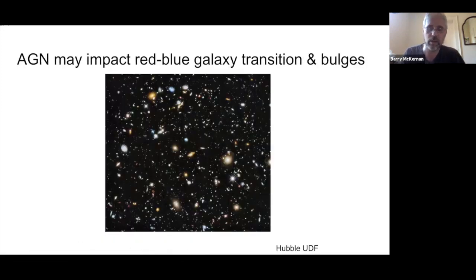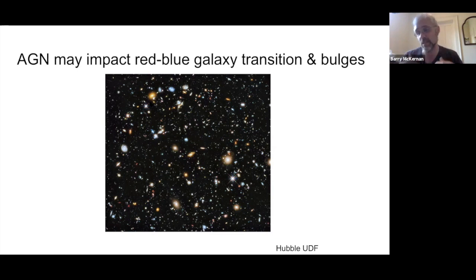So let me move on. Here's another Hubble image. This is the ultra deep field. And you see loads and loads of galaxies. Some of them are blue, indicating a lot of star formation. Some of them are red, indicating that star formation is over and you've got a population of old stars. And we think that AGN, these bright objects that seem to generate jets and powerful outflows and all these other things, may impact the transition from things that look kind of like this to things that look kind of like this.